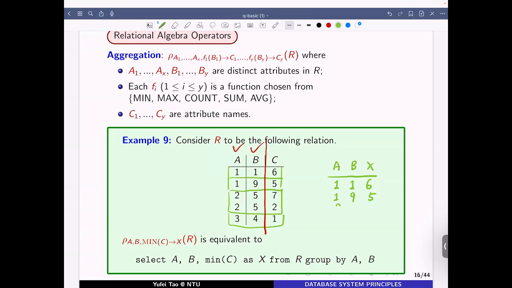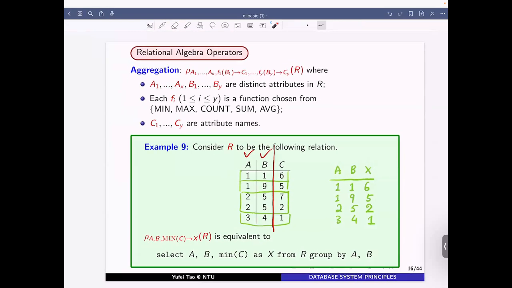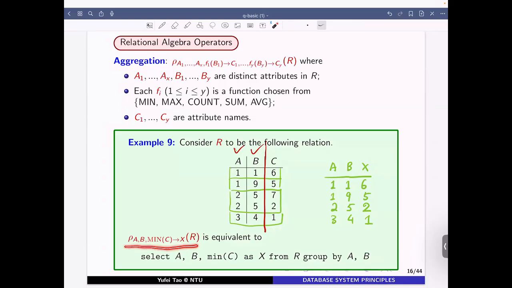Continuing, you have 2, 5, 2. And then you have 3, 4, 1. So this is the output of this aggregation expression.